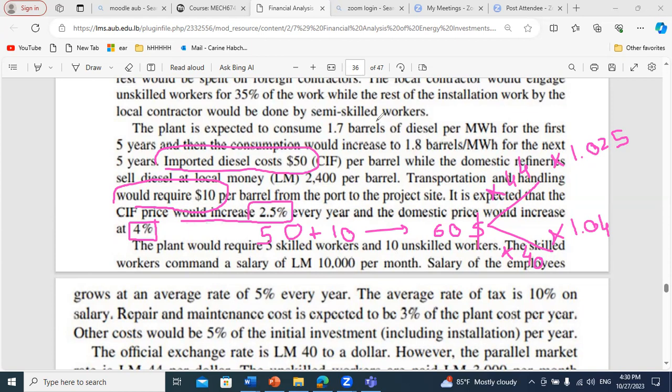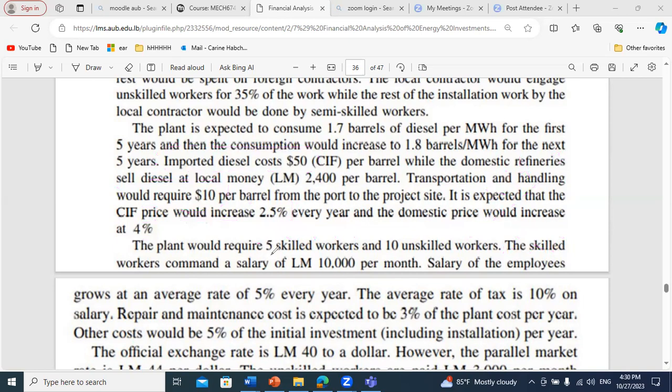Now, concerning the salary of workers, first they told us that the plant would require 5 skilled workers and 10 unskilled workers. The skilled workers command a salary of local money 10,000 per month. In general, they should mention whether this salary is the financial or economic value.